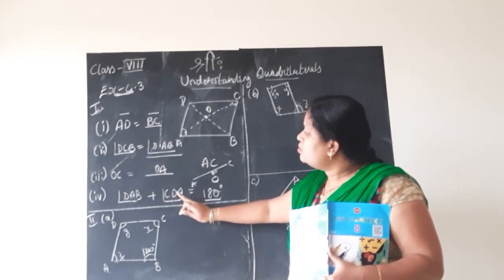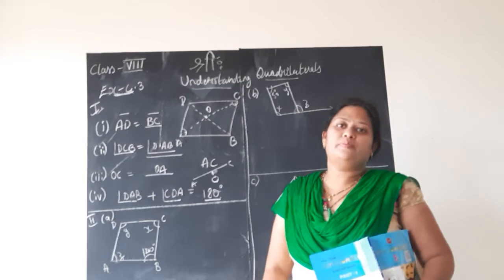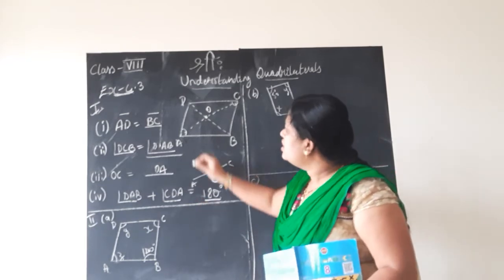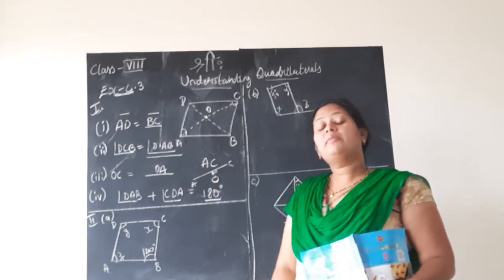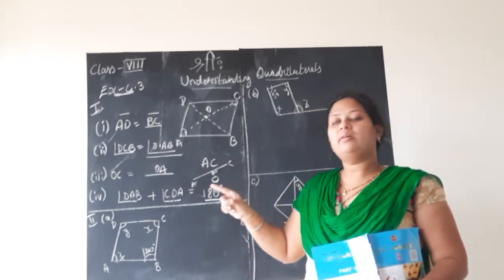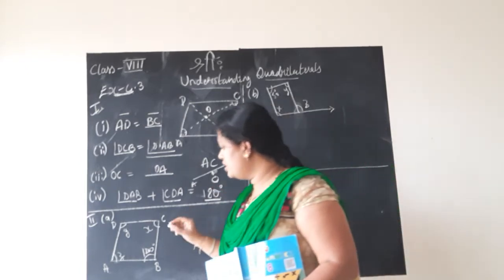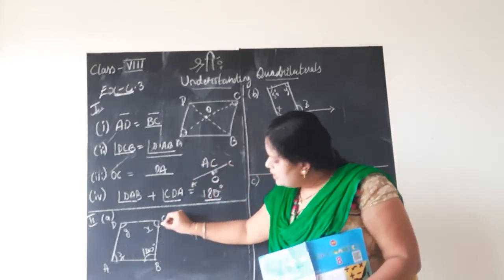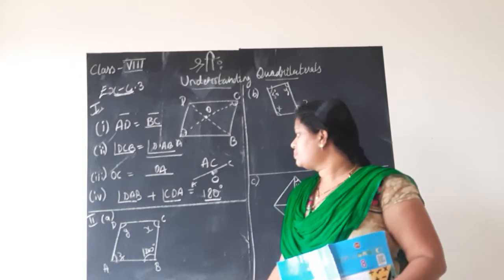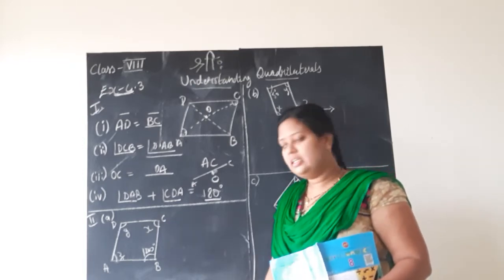Just now we used one concept in the fourth problem. What was that? The sum of adjacent angles is supplementary. Sum means addition. Sum of adjacent angles is 180 degree. Now for angle B, angle C is the adjacent angle.